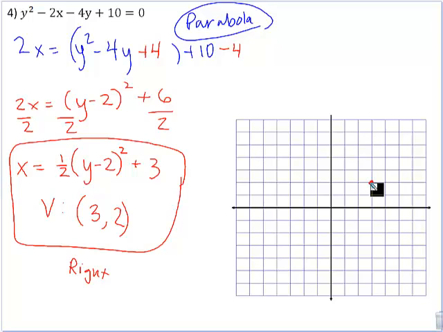So if we go over 1, instead of going up 1, we have to go up a half. So over 1 and up a half. If we go over 2, what's 2 squared? 4. But we have to times it by a half. 2. So over 2, we go up 2. And we can graph it.